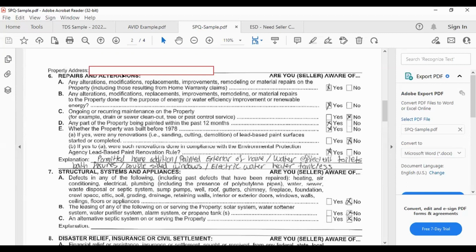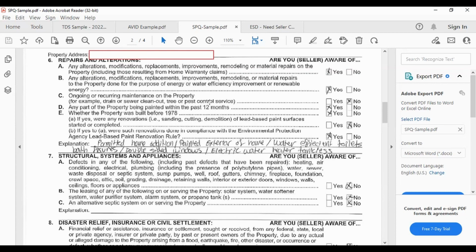Second page, it asks about repairs and alterations. Another one where sellers like to sweep things under the rug and not tell the truth. Just tell it, because a good agent for a buyer and a good buyer is going to look into these things anyways. So if you claimed, to really enhance the appeal of your home, that you put in new this, new that, new roof, new plumbing, new electric panel, new pool, all these things, and then the buyer's agent looks into it and sees there's no permit, no permit, no permit.